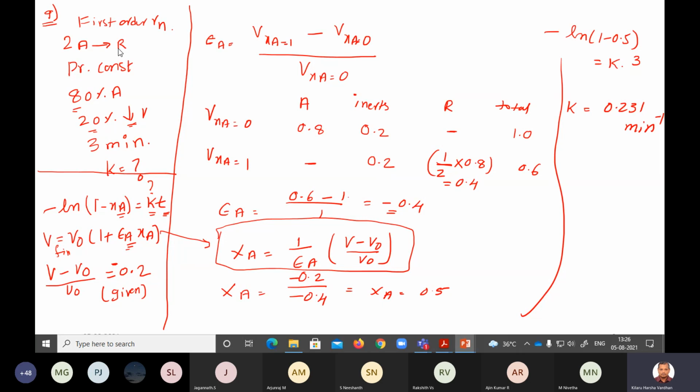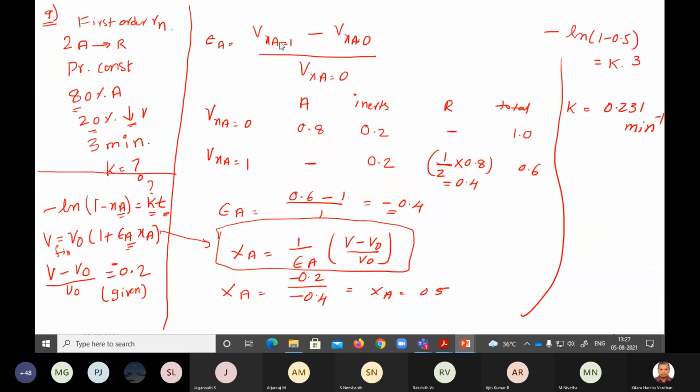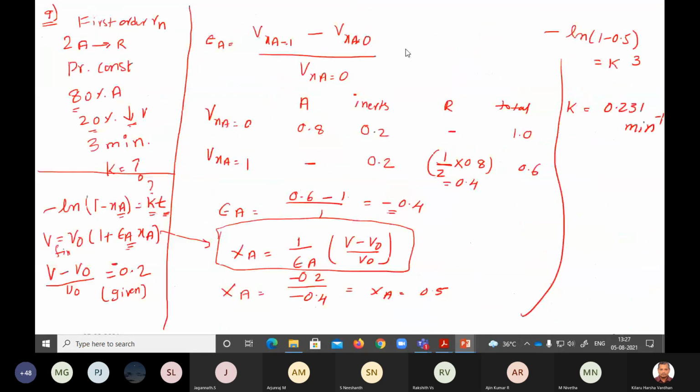R, how much will it be? This is 2A gives R, so A gives half R. Half times A, which is 0.8, gives R as 0.4.